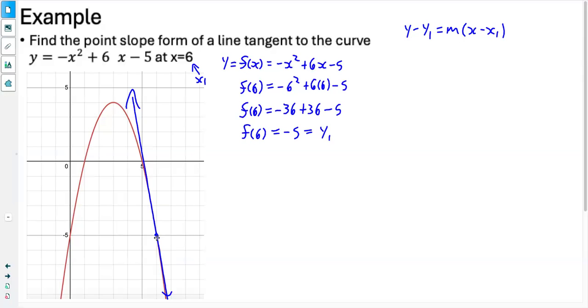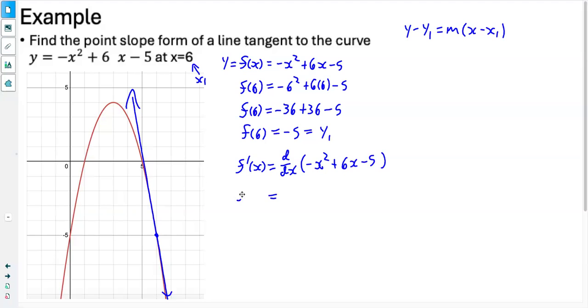So next thing we're going to do is find the derivative of this function so we get our slope equation for it. If we're looking for f prime of x, that's going to be our derivative of negative x squared plus 6x minus 5.